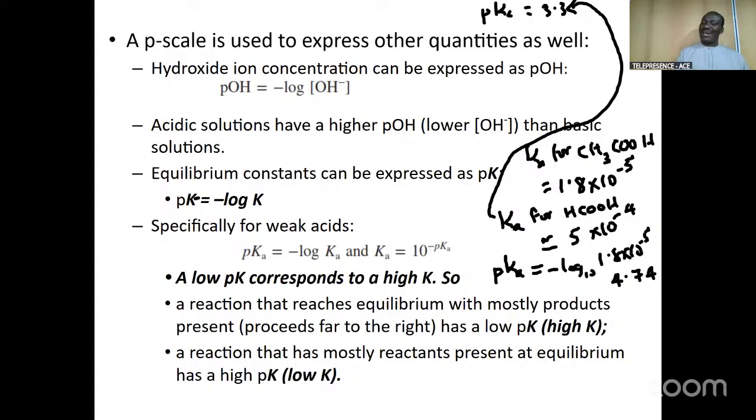Conversely, an acid that has a lower Ka value is weaker than an acid that has a higher Ka value. So you can see pKa and Ka can be used interchangeably. You could have questions where you are given the pKa values of a series of acids and asked to arrange them in order of increasing acid strength. You should be able to do that with relative ease.